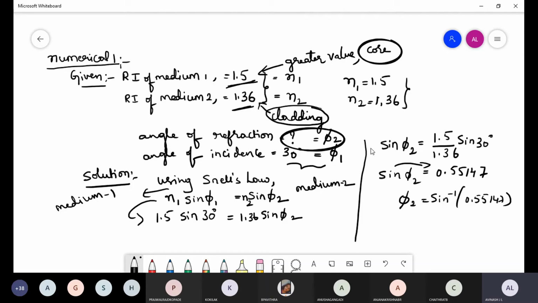If you take the calculator and find the value, it will be equal to 33.46 degrees. You just verify, all of you, whether you got the same answer or not.